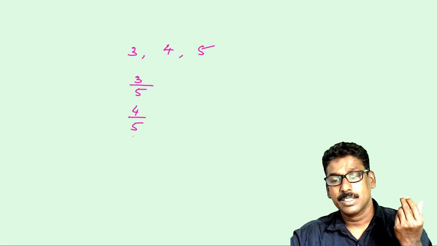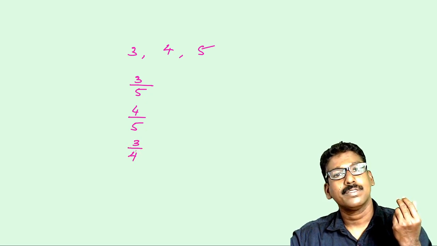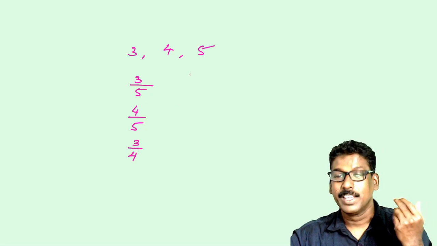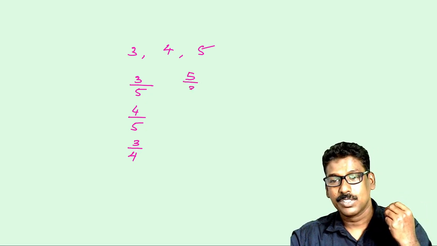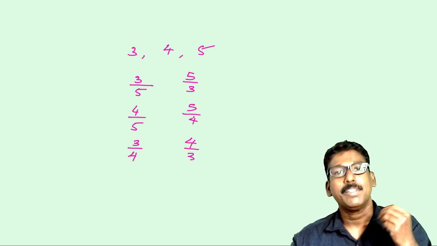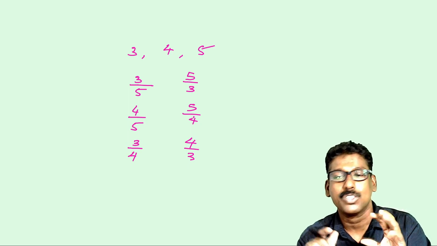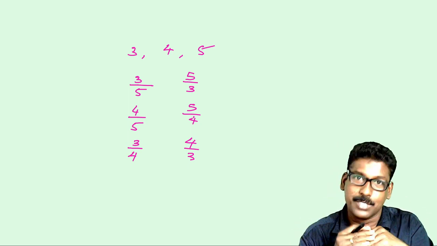Yes, it is 3 by 4. Now take the reciprocal of each. Again you will get three ratios: 5 by 3, 5 by 4, and 4 by 3. That means if you have three numbers, you can make 6 ratios.